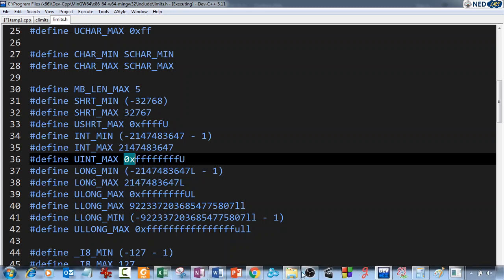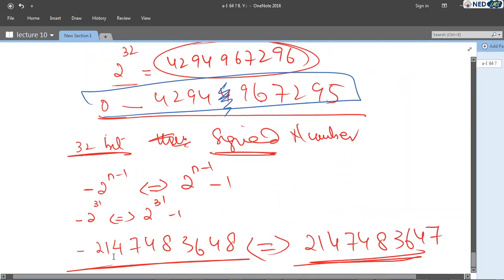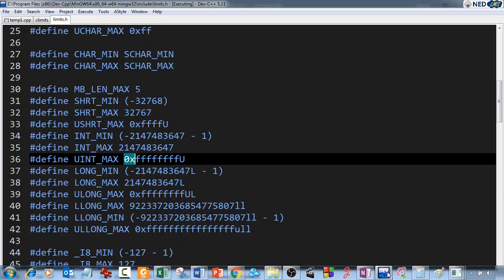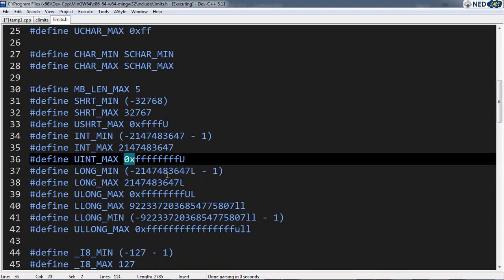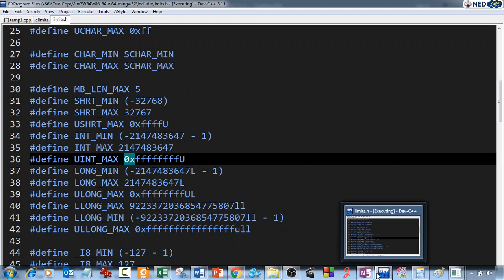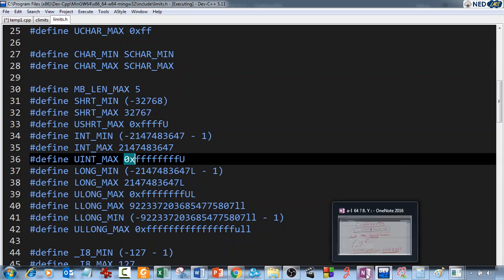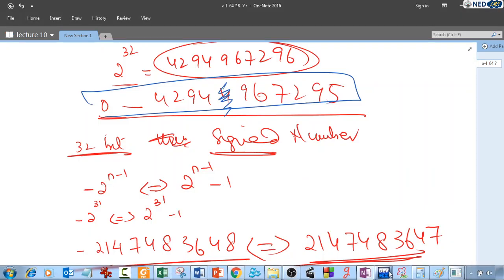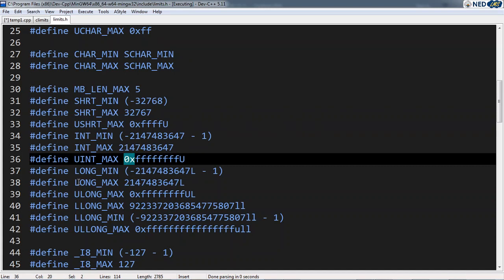I think we derived that in the previous lecture for the 32-bit signed integer. The positive maximum is one less than the magnitude of the minimum, because we are also counting 0 as a number, so the positive numbers have one less. We discussed that in the previous lecture.